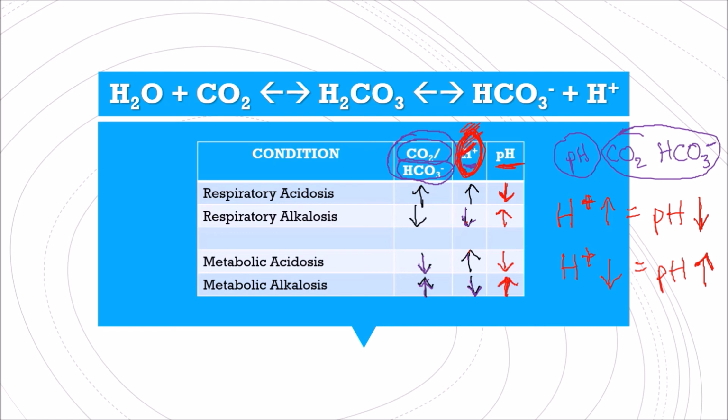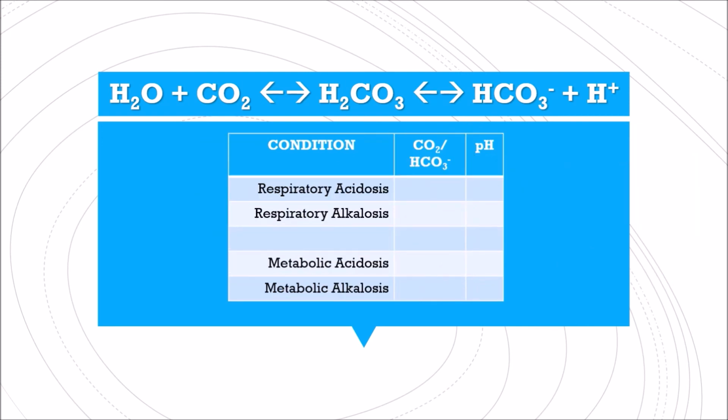Since you can't test a patient's blood for their H content, you test it for the pH content. So we don't even need to worry about this column anymore. What we're going to see in blood tests is the pH level, and this carbon dioxide and bicarb level.